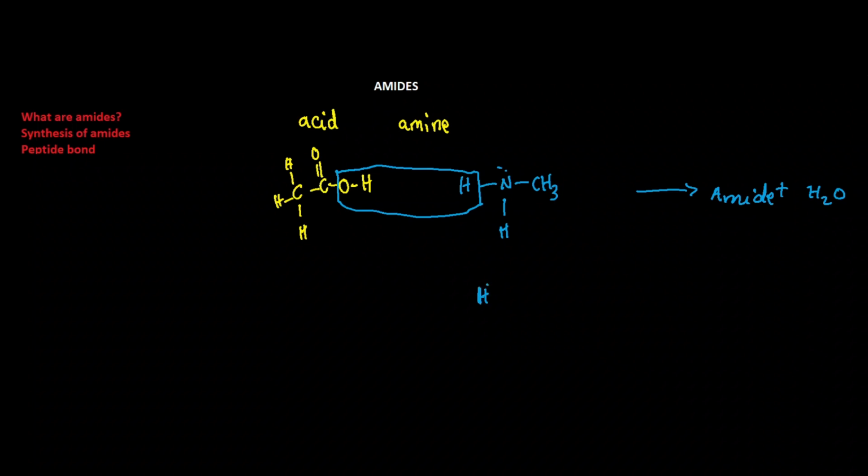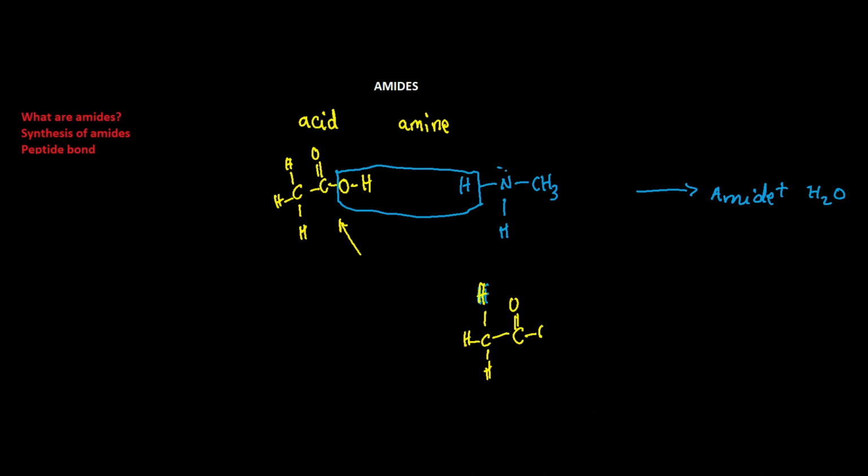Okay, let me write this in yellow. The amide formed would look like this. Remember, this is what we have left from the carboxylic acid. Okay, so we have the carbonyl group, and the oxygen atom is gone.